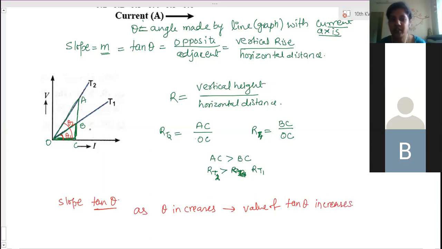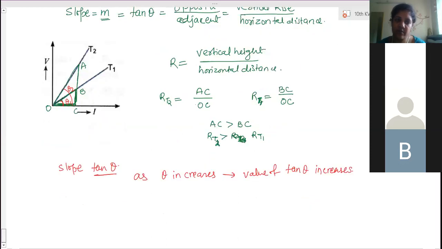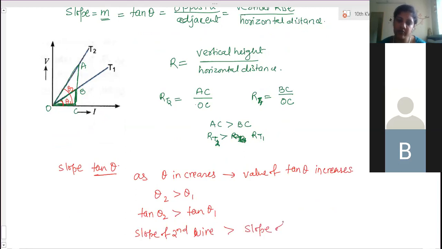So now which value of theta is greater? The second one is larger. The second angle is greater than the first angle. So therefore, tan theta 2 is greater than tan theta 1. The slope of the second wire is greater than the slope of the first wire.